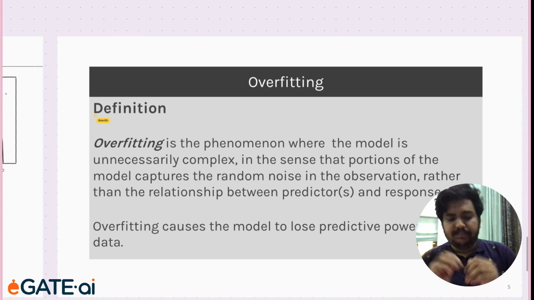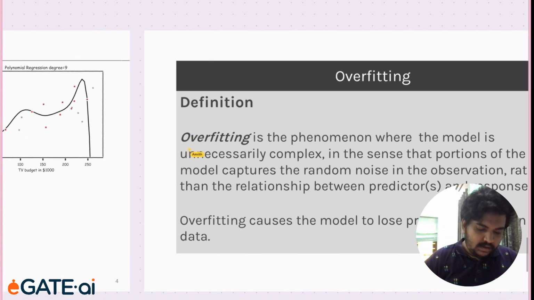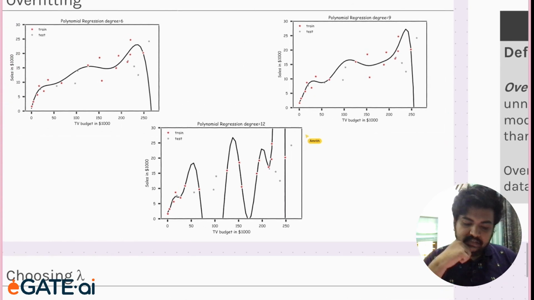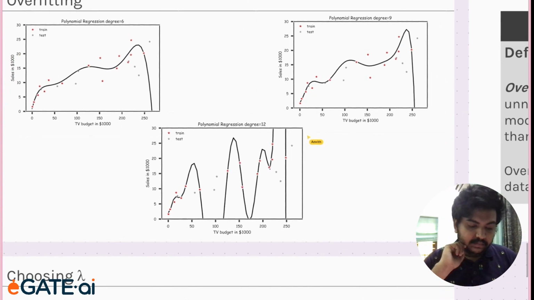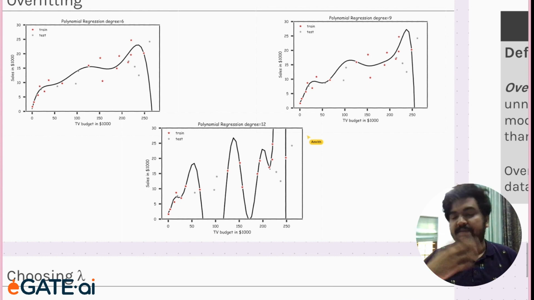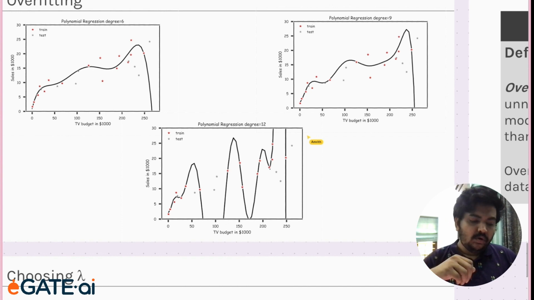So in simpler terms, the whole essence of learning a function by using those data points in red, which means the training data, is that it becomes useful in predicting for unseen or new inputs.